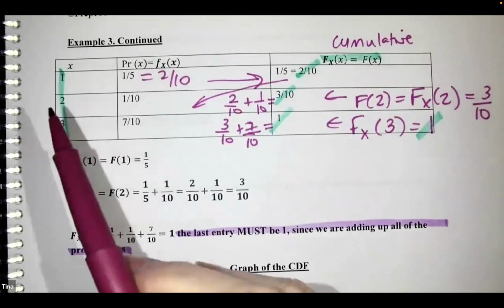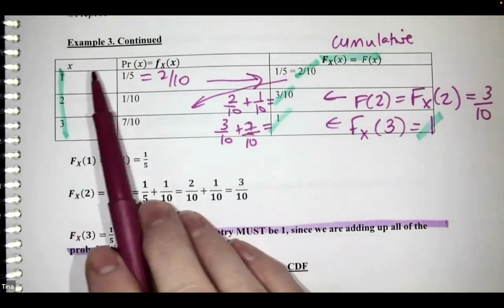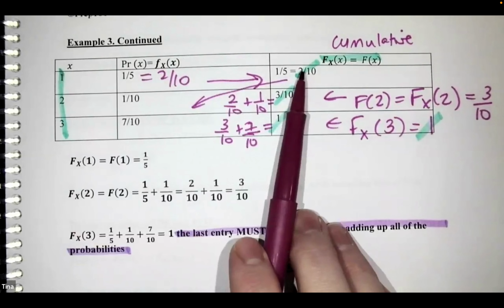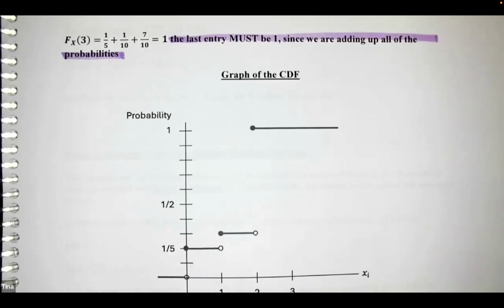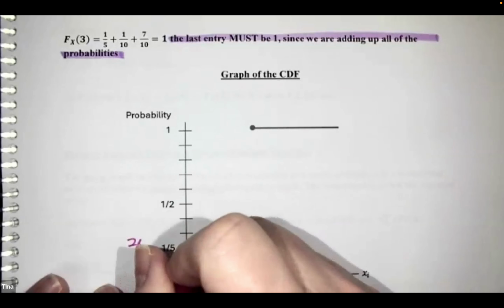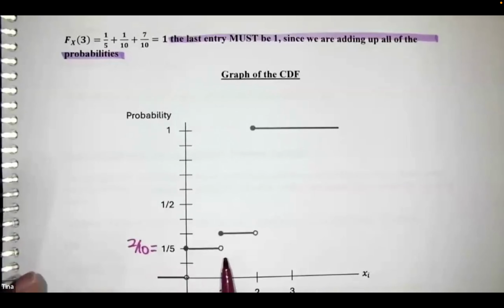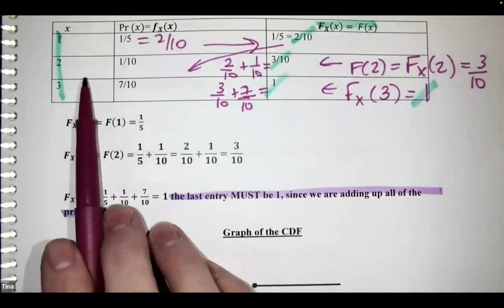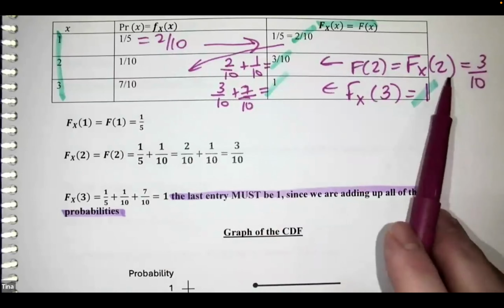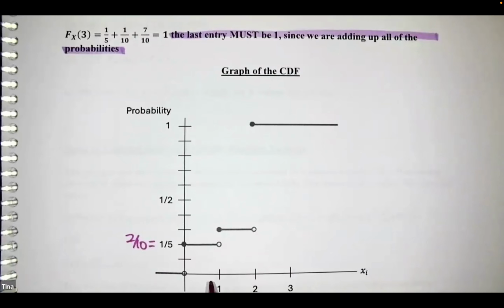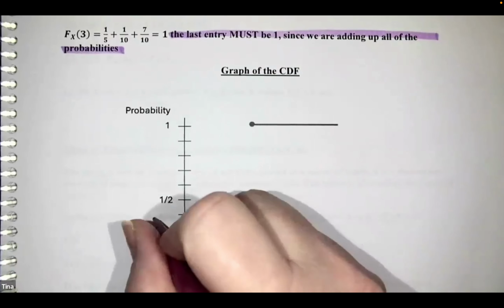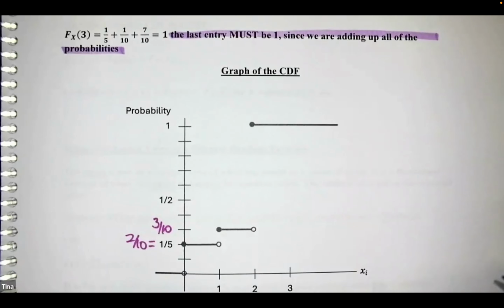So when you go to draw a cumulative, we still need x is 1, and at x is 1 it's at 2/10. Before that we have no probabilities, so you can draw in 0. At 1, it's at 1/5, which is 2/10. And then at 2, the probability has to add up to 3/10, so we go up to 3/10.